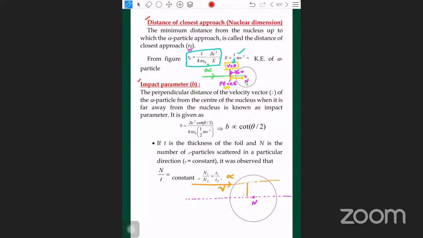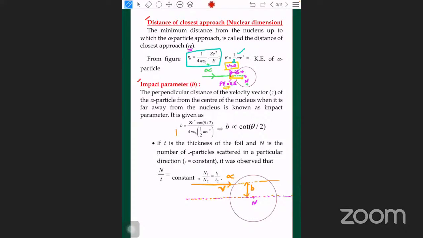Whatever perpendicular distance we have between the initial velocity of the alpha particle and the central line of the nucleus, this perpendicular distance is what we call the impact parameter b.